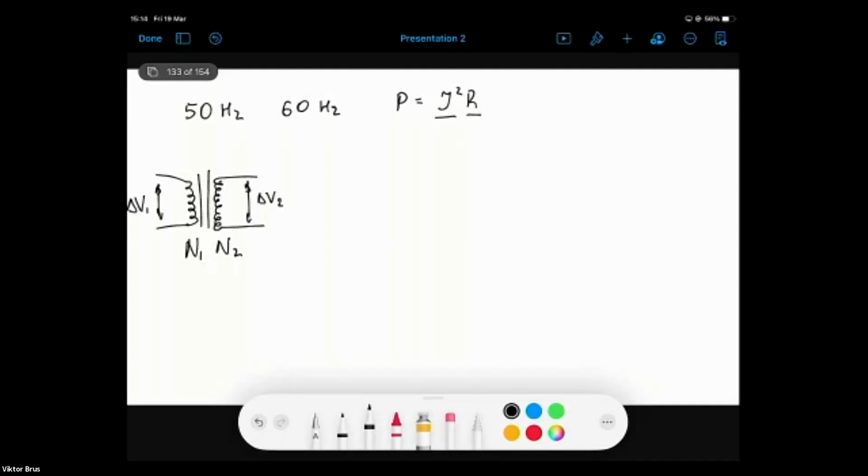That means that with very good approximation we can claim that the magnetic field flux through the primary coil is equal to the magnetic field flux of the secondary coil. That is very important, and that will help us to derive a simple equation which relates this voltage delta V1 with voltage delta V2 at the terminals of the primary and secondary coils respectively.